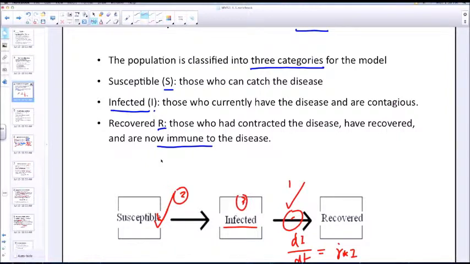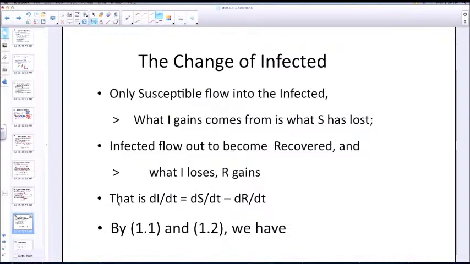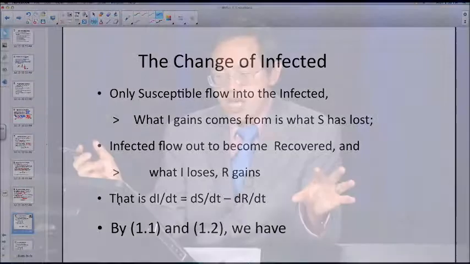So last, let's consider the change of infected. Well, the change of infected has a flow in from the susceptible and a flow out to the recovered.